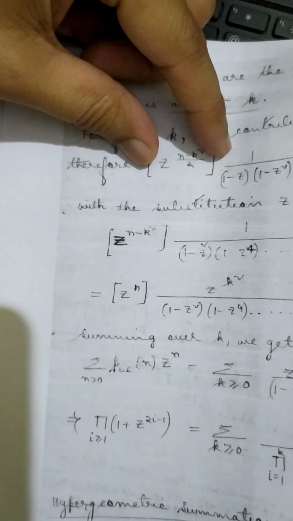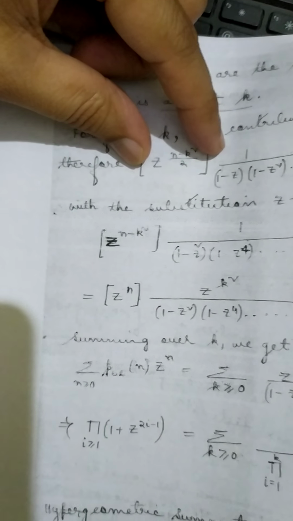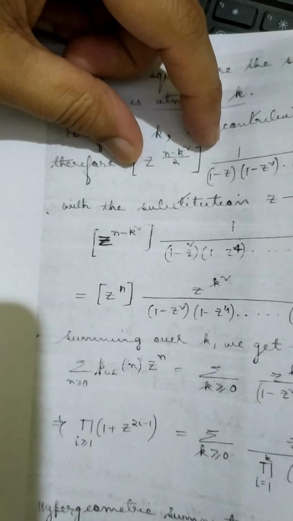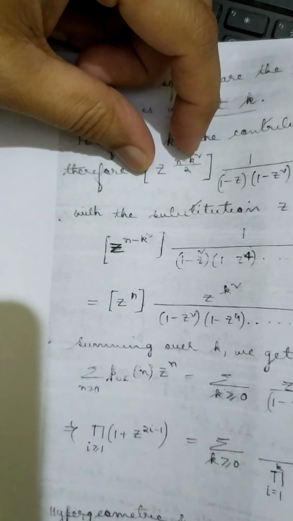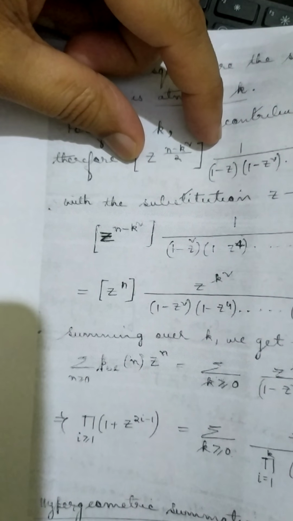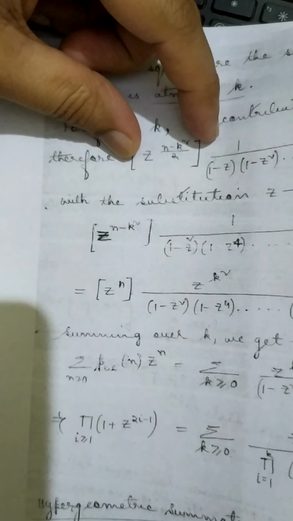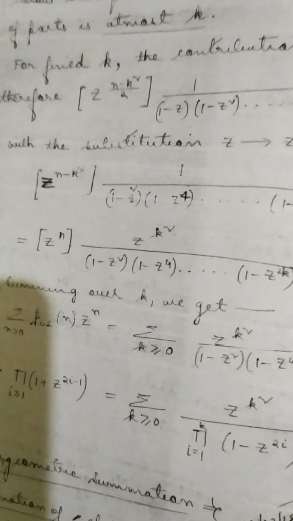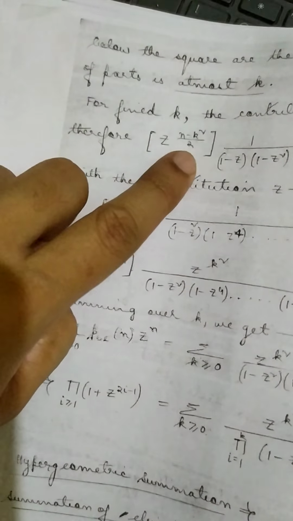So each partition, the coefficient of z to the power (n minus k square) divided by 2, contributes to the corresponding self conjugate partition. So for fixed k, this is the contribution.